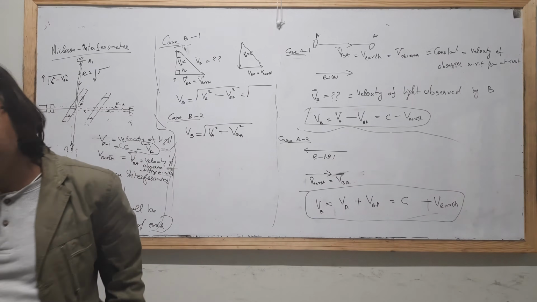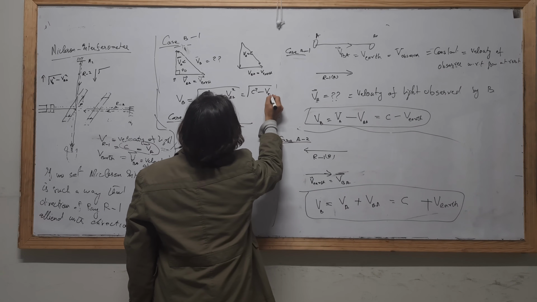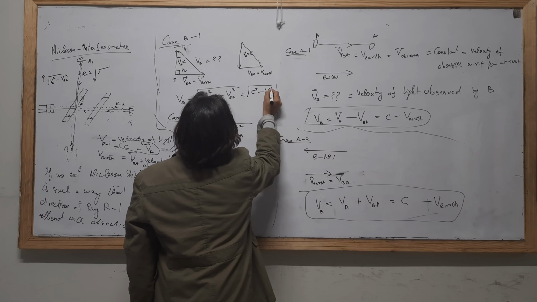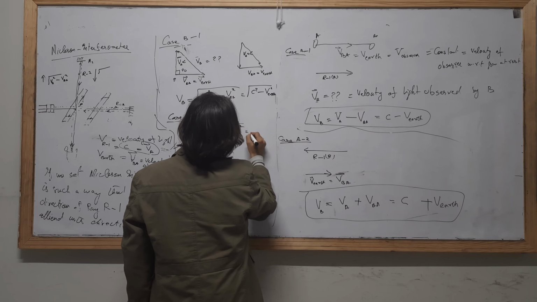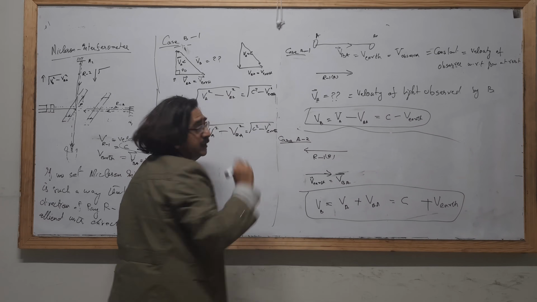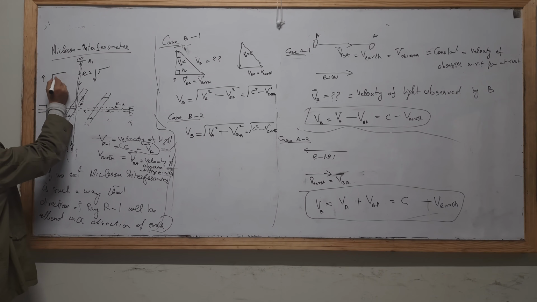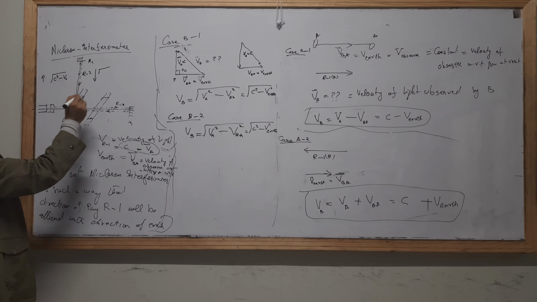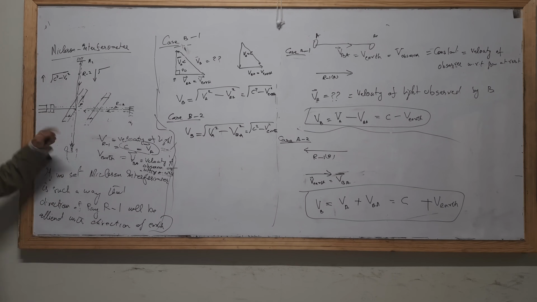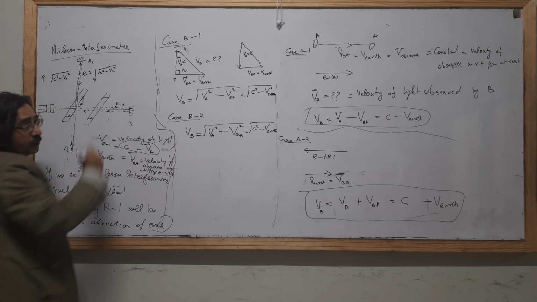VA is C, and this is Earth, so the same case gives the square root of C square minus V Earth square. So when moving upward, the formula is the square root of C square minus V Earth square, and when moving downward, it is the same.